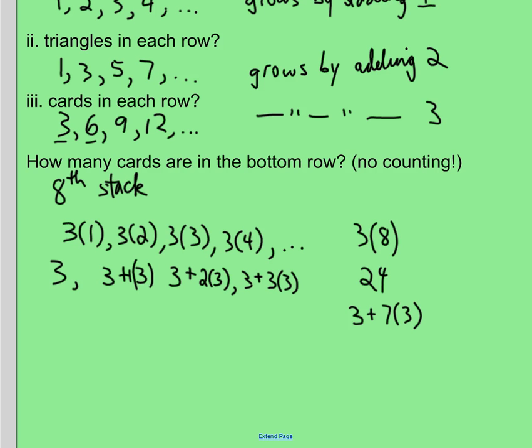So a little bit of a pattern sets up here where we can look at the term number, which in this case is easily identified as the stack number, and we can relate that to the number of these common differences that we're adding. In this case, the common difference is 3. You need 3 more cards to make the next row.